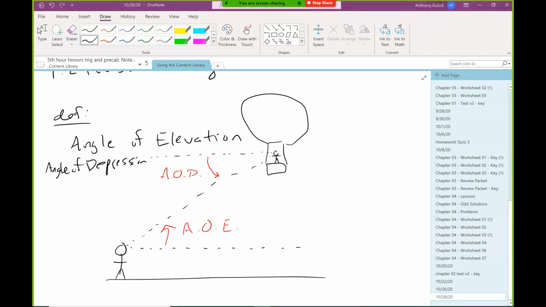And that's the vocab for this section. So let's just do a couple of examples where we practice drawing a picture and then solving the situation.